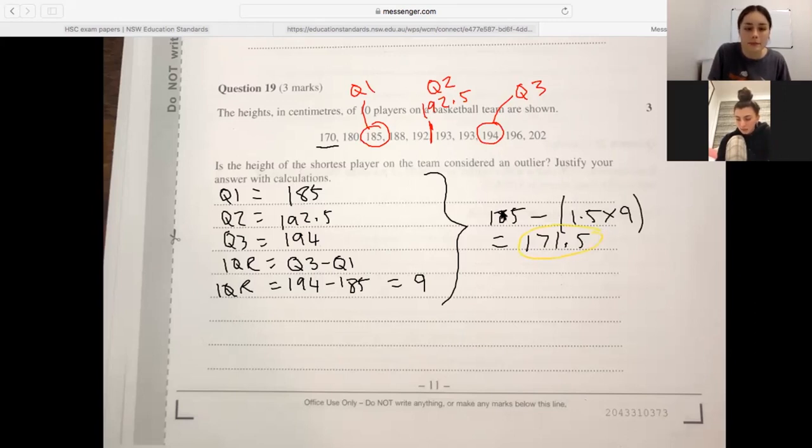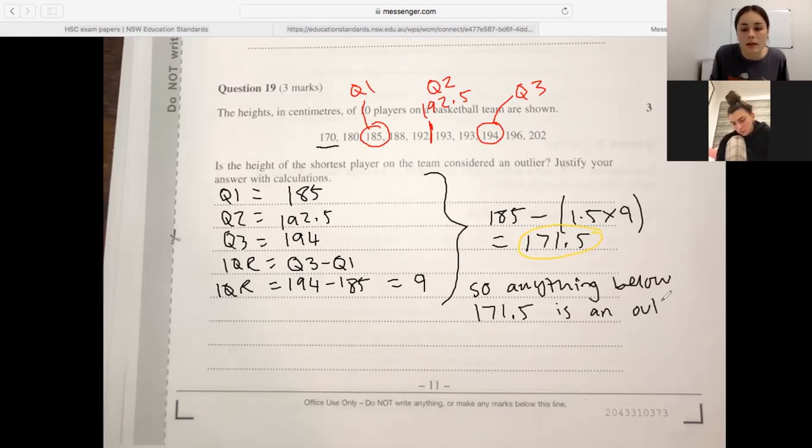It is, yeah. So anything below 171.5 is an outlier. Therefore, 170 is an outlier.